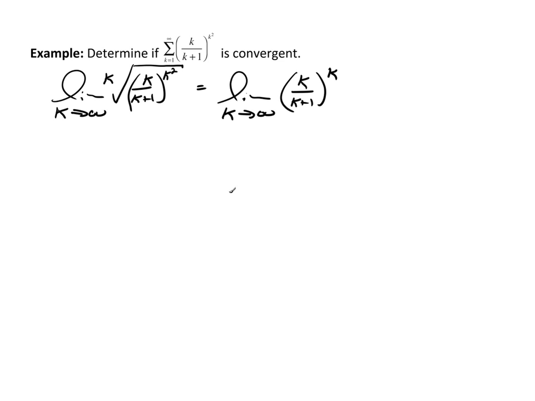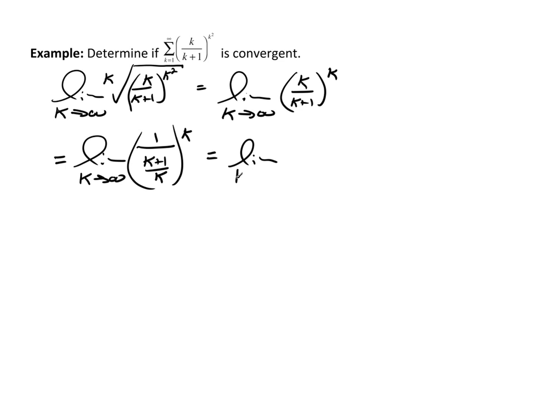I'm going to write this in a slightly more suggestive form. This will be equal to the limit as k goes to infinity of 1 over ((k plus 1) over k) to the k. Hopefully when you look at that you see where it's going. I'm going to rewrite it one more time: 1 over (1 plus 1 over k) to the k.